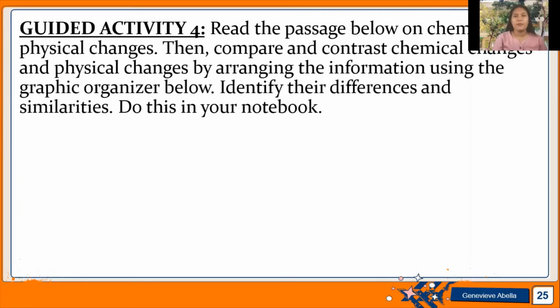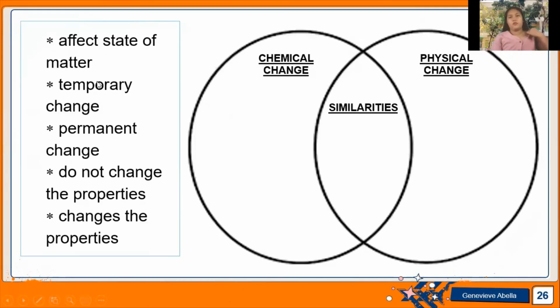You will read the passage below on chemical and physical changes. Then compare and contrast chemical change and physical changes by arranging the information using the graphic organizer below. Identify their differences and similarities, and you do this in your notebook.